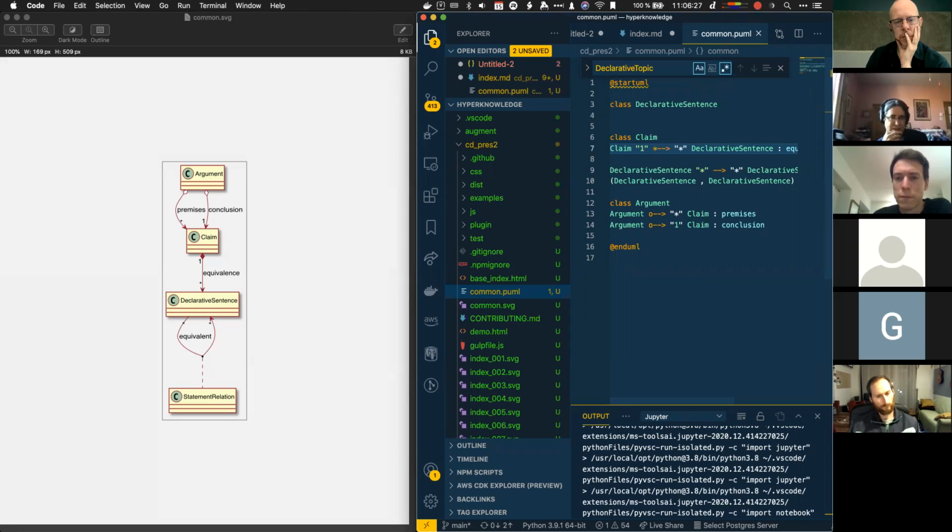Claim has declarative sentence which doesn't exist without the claim. Okay, solved. It means that the ownership resides, like the lifetime of declarative sentence is determined by claim. That's what this means, and that's why I was uncomfortable.